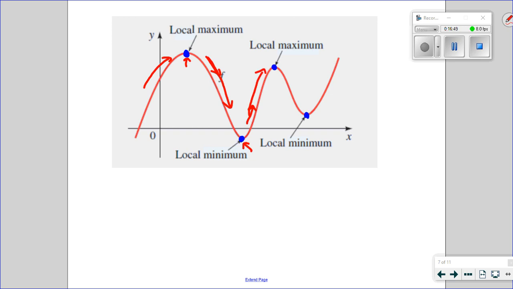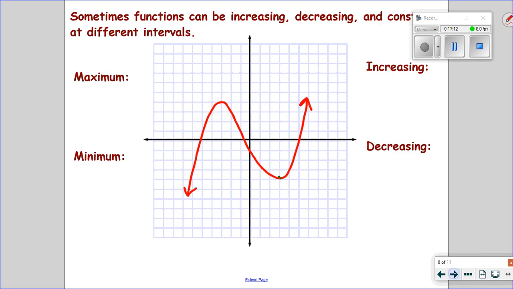The graph is increasing, then decreasing, which makes this point a local maximum. And then the graph is changing from decreasing to increasing, which makes this point a local minimum. Again, you're just identifying the high points and the low points as you read the graph from left to right.